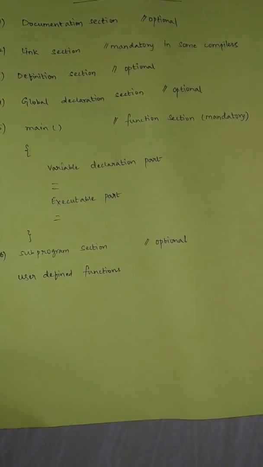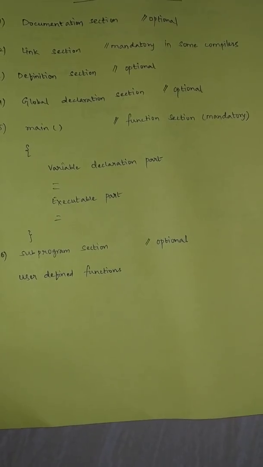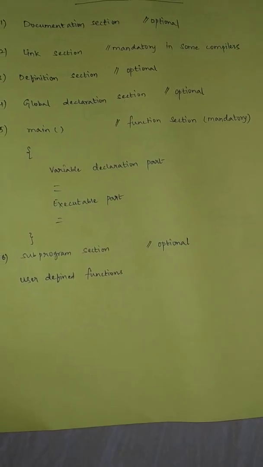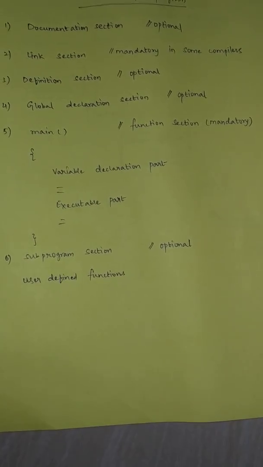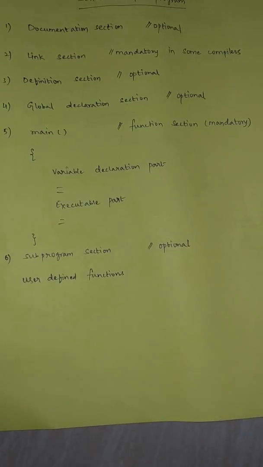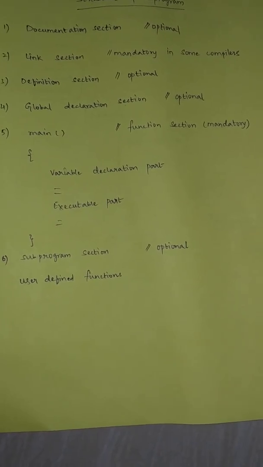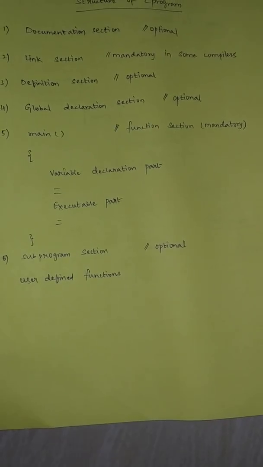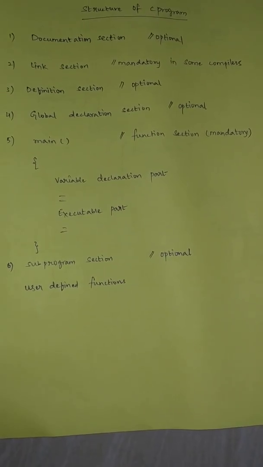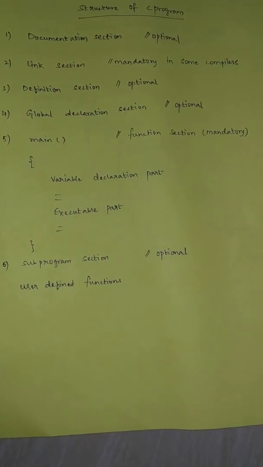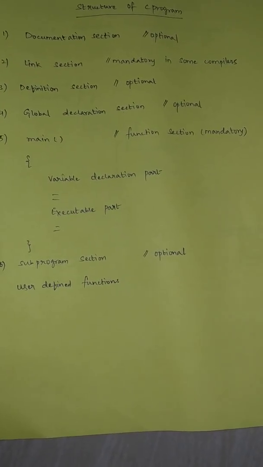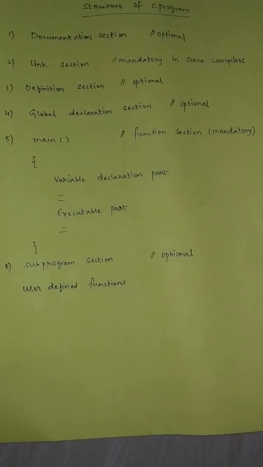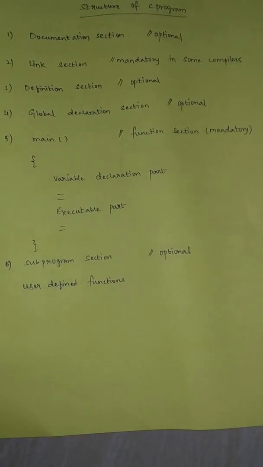First you have to declare those variables, like you have to tell the compiler that you are going to use two variables a and b which are of integer type, and you are going to add them and save the result into another variable called c. That is called variable declaration, telling the compiler that you're going to use so and so variables in your program. The next part of your main is the executable part. Here you perform the actual arithmetic calculations like c equal to a plus b, printf c. This is what you do in the executable part.